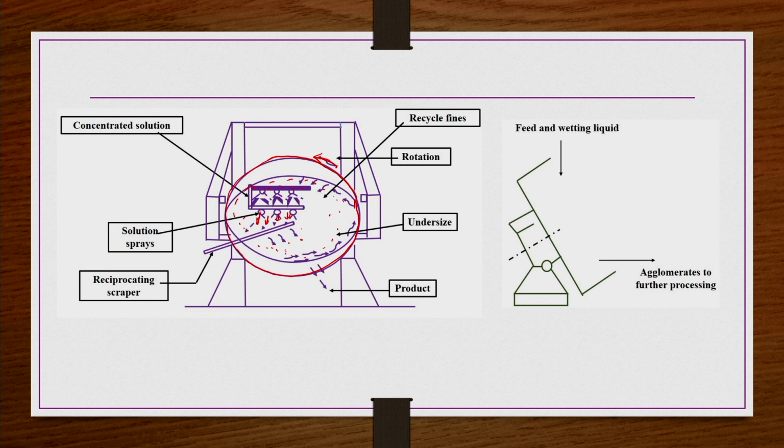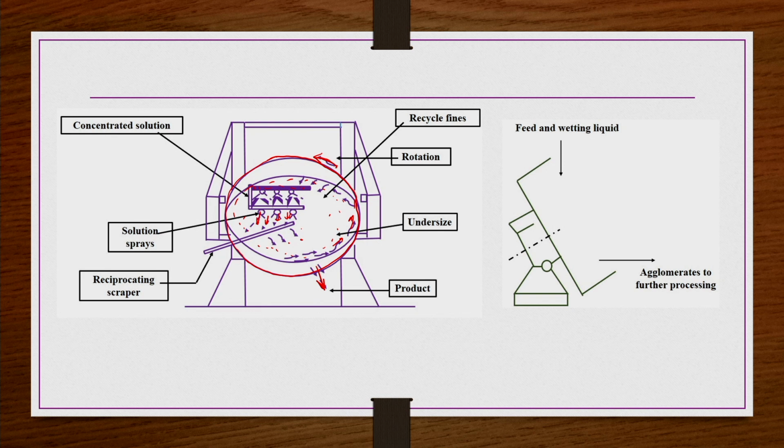Once the particles of sufficiently large product size are there, they can be taken as product from here at the bottom, whereas the undersized or rejected particles will be taken to the recycle, and then from the recycle bins they will be added to the process again, and this process continues until the desired degree of size enlargement takes place, right. There is a scraper which is useful in controlling the size of the granules as well as the solution being added.